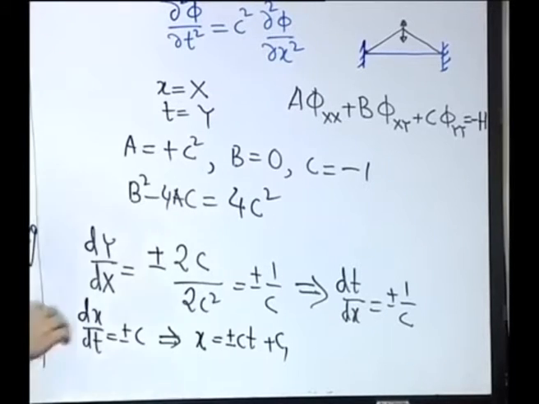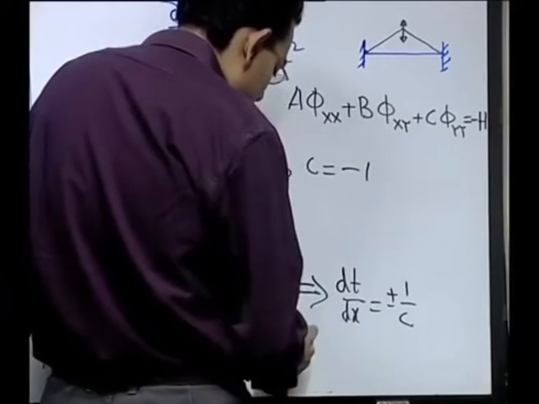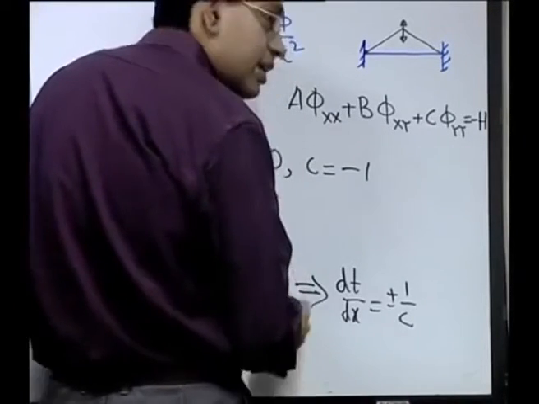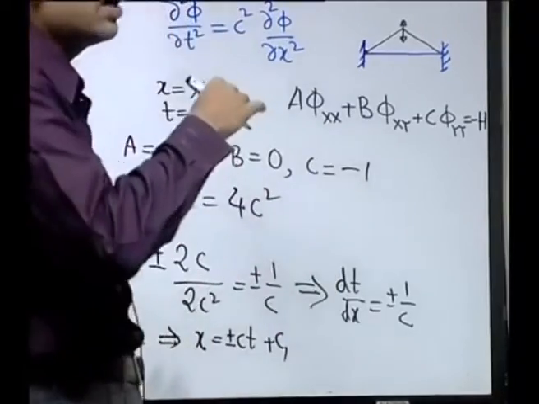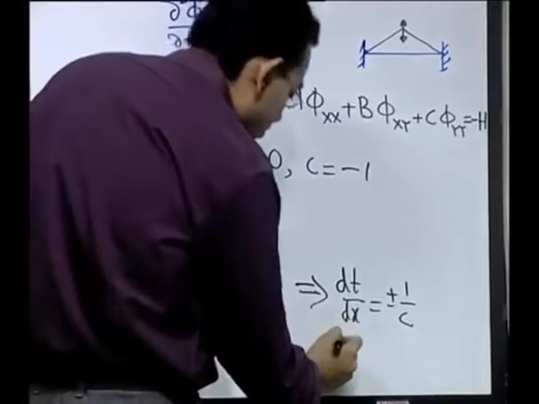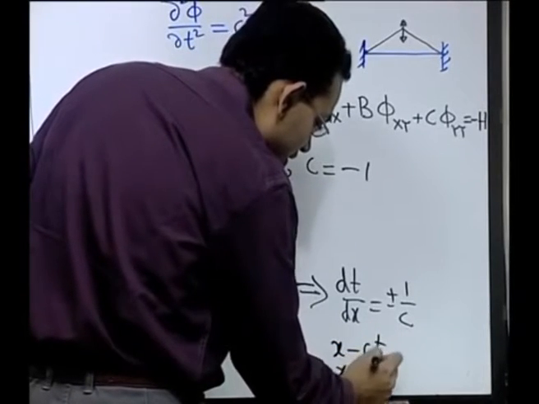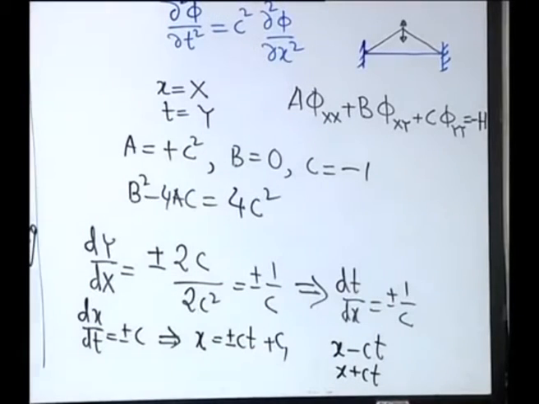So you can find out the characteristics by first forgetting about this c1, because it is just an addition of a constant, it will only shift the line by a constant, but the main functions are x minus ct and x plus ct. These are the two characteristics.